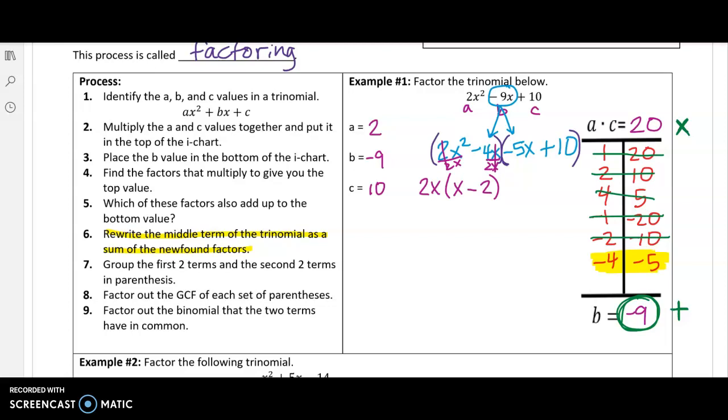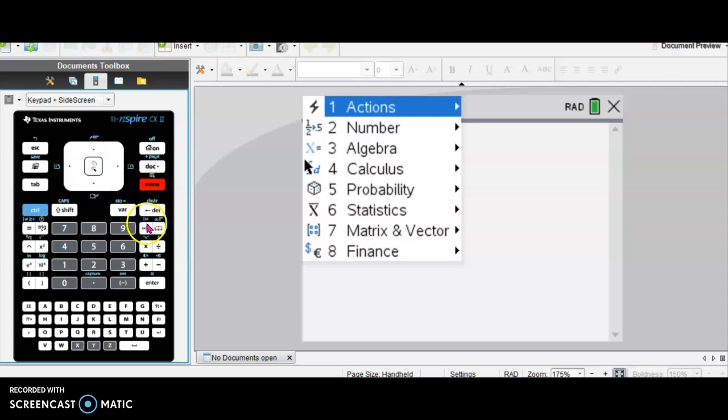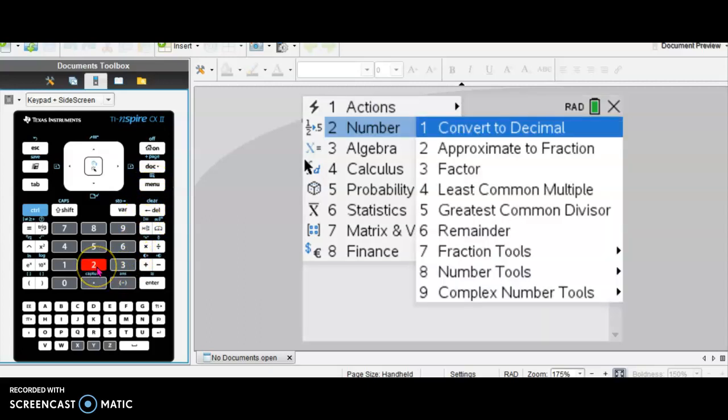Now, what is our GCF for the second set of parentheses? First of all, if it's negative, we need to factor out a negative. And I believe 5 divides into both 5 and 10. So I'm factoring out a negative 5, which is my GCF. If you're uncertain, you can also do it in the calculator. In Calculate, you can go to Menu, number 2 for number, and they call it the greatest common divisor.